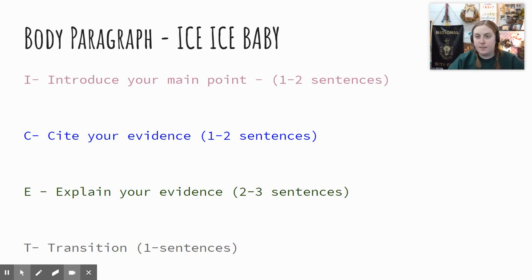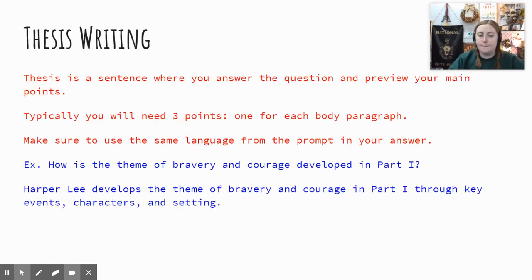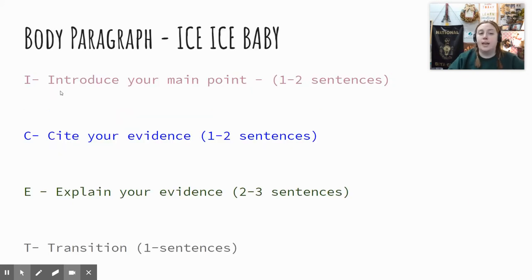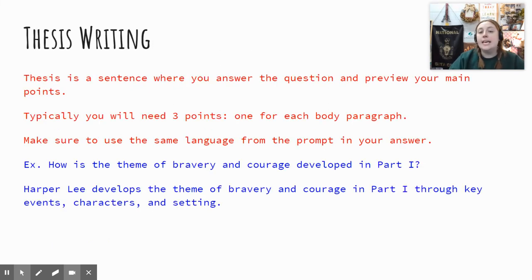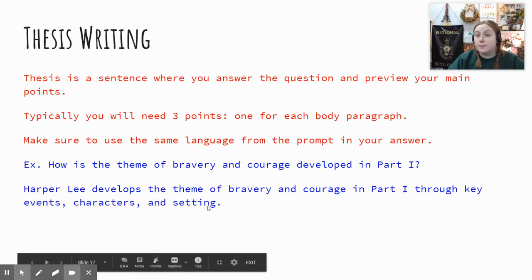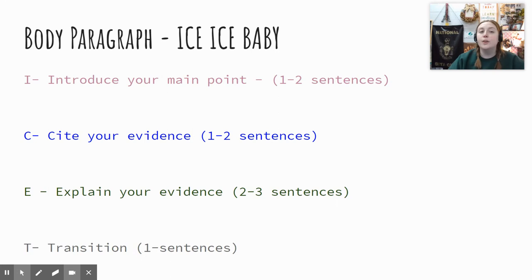If I'm in body paragraph number 2, I'd be talking about the characters. So I could say Harper Lee also uses characters to develop her theme in part 1. If I'm in body paragraph 3, I'd be talking about the setting. So I could say, the setting also plays an important role in developing the theme of bravery and courage. Again, you're just introducing your main point.